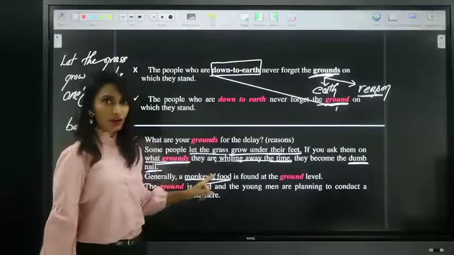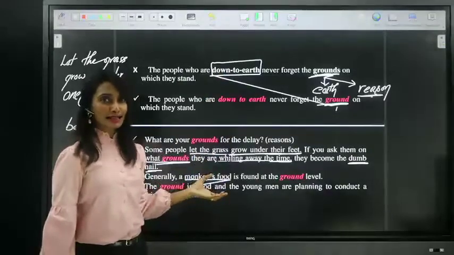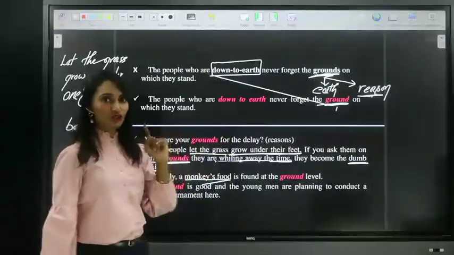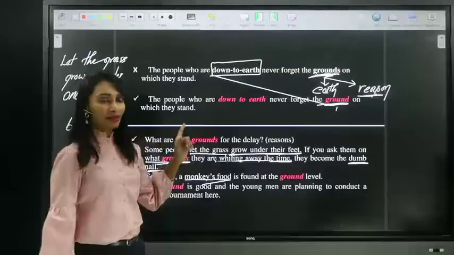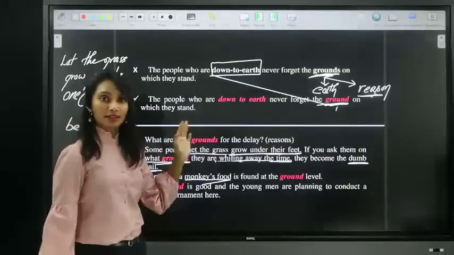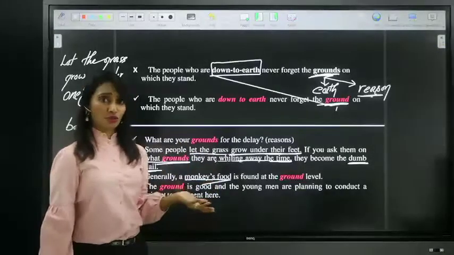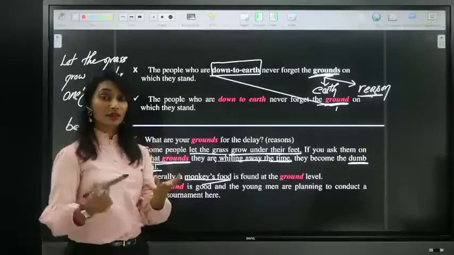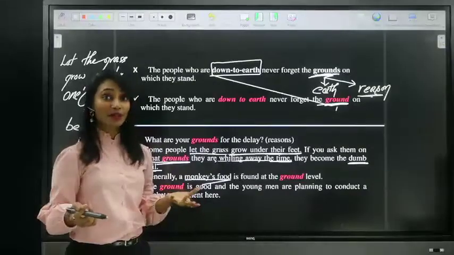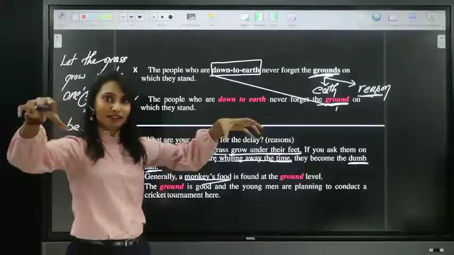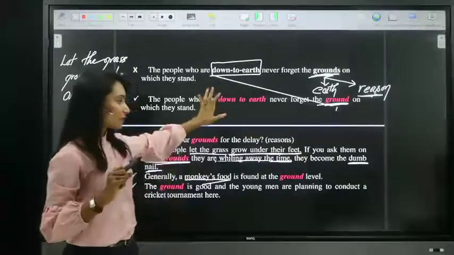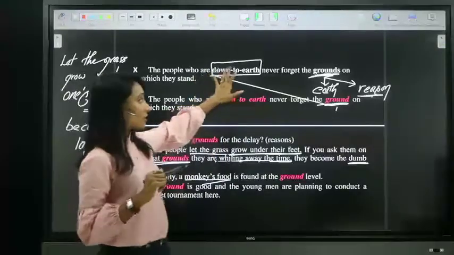So based on the context, we get the sense of ground. So do remember, with earth, we cannot use the plural. It should be singular, ground. But you can say playground, playgrounds. There we are giving a different sense by using different areas. So this is the sentence on ground.